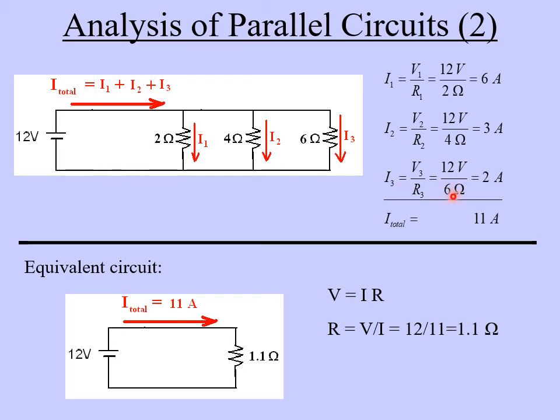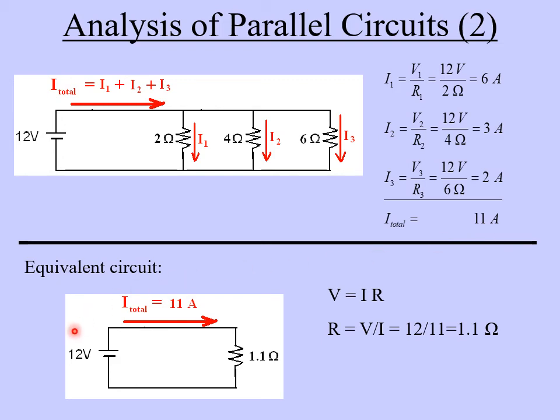So I have 12 volts this time divided by 6 ohms. 12 divided by 6 is 2. So we have 2 amps going through this path of the circuit. Now, the total current here is, remember, the sum of I1, I2, and I3. So I have 6 plus 3 plus 2 is 11 amps is my total current.